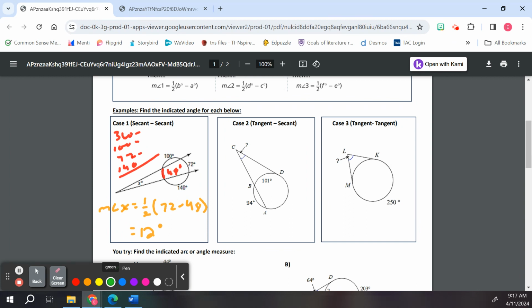All right, the second case, tangent secant. So from here to here. Again, we have to find that. So we're going to take 360, subtract 101, and subtract 94.